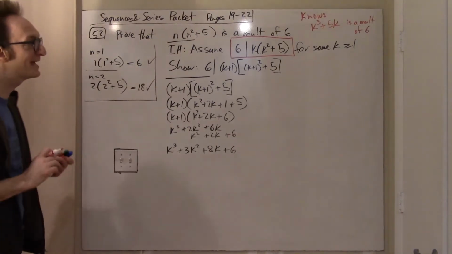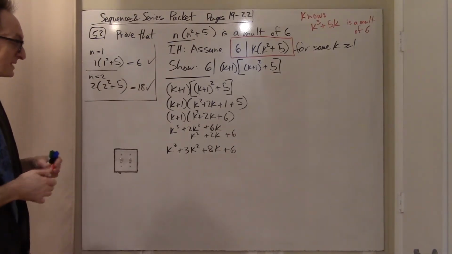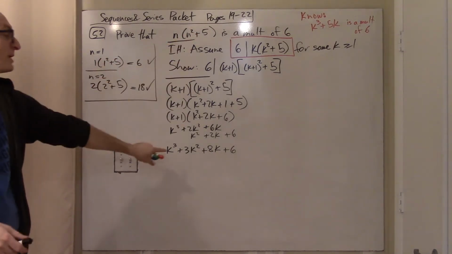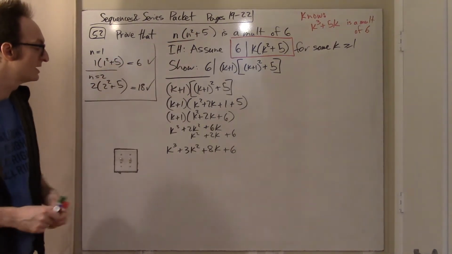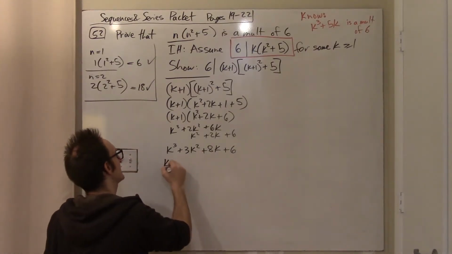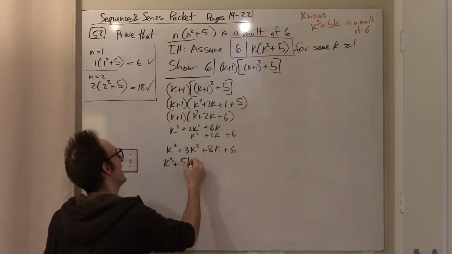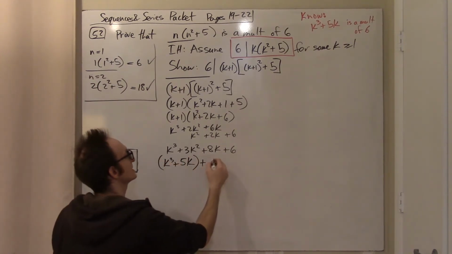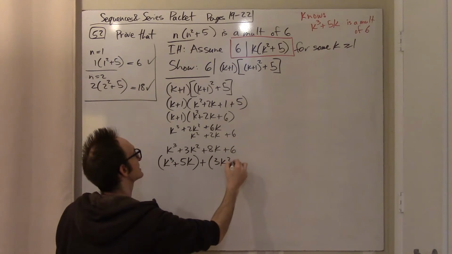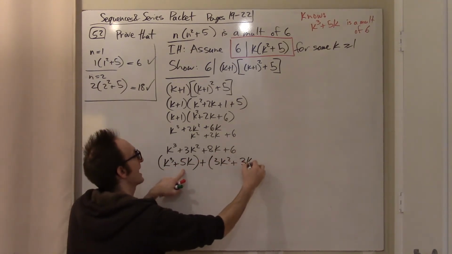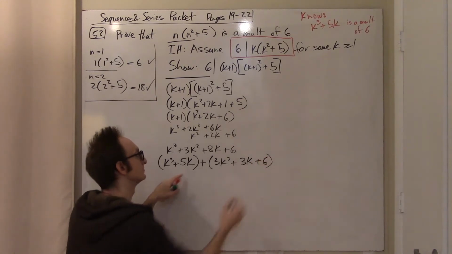Well, if I know that k cubed plus 5k is a multiple of 6, then I should try to find k cubed plus 5k inside of this. In other words, let me write this as k cubed plus 5k plus, what's left over? 3k squared plus, I took 5 of the k, so that's 3k plus 6.